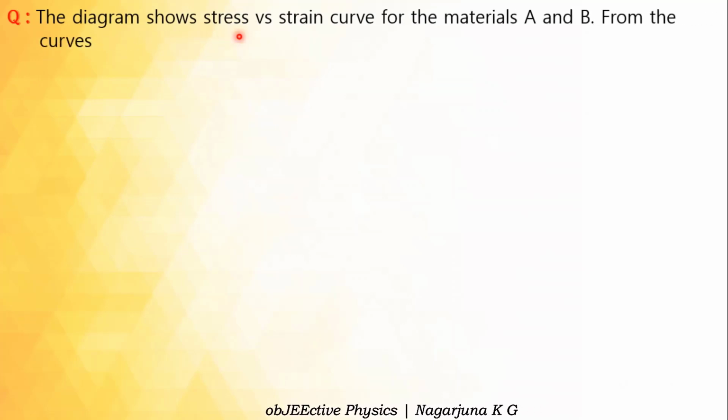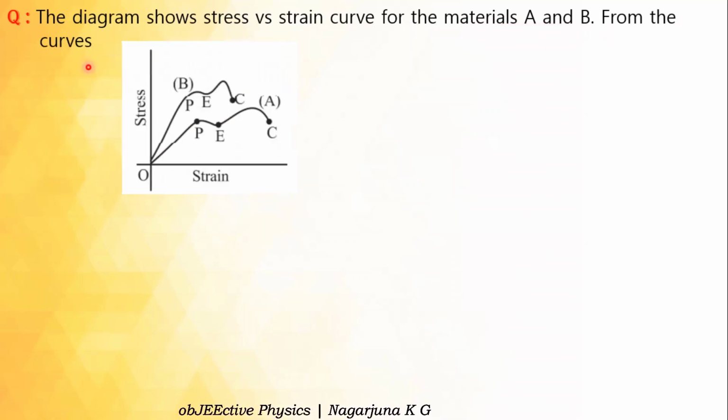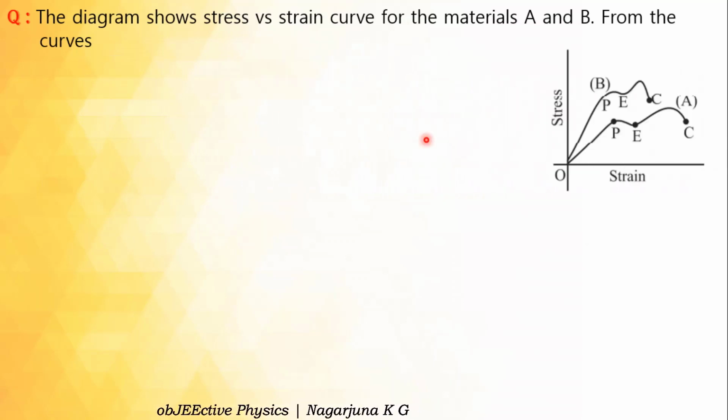The diagram shows stress versus strain curve for the materials A and B. From the curves, observe. Here B is one curve and the bottom one is the curve A. Material A curve, material B curve.